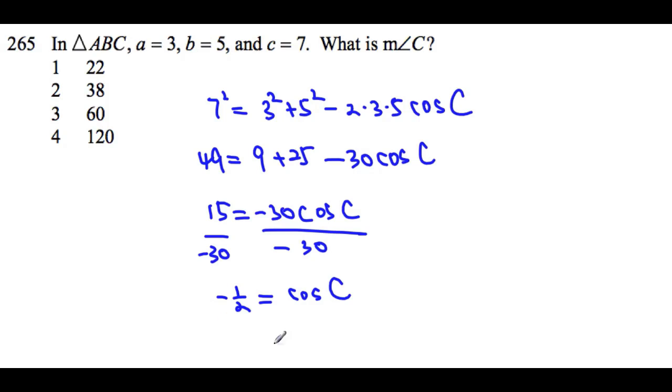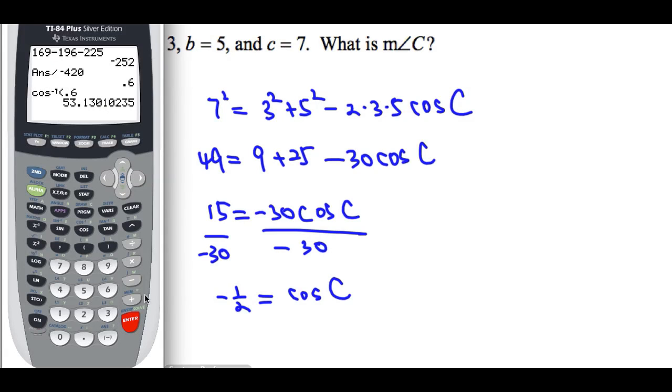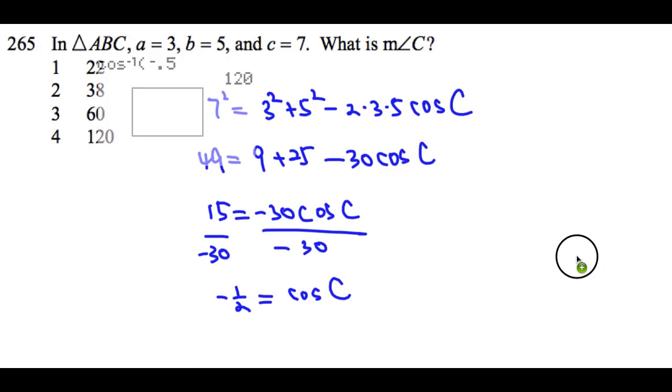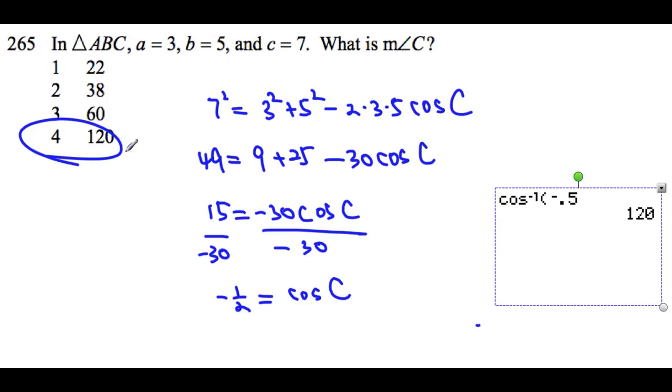Now, you can use the calculator, or you will realize that cosine is negative in the second quadrant with the reference angle of 60, because that's how it gets 1/2. So therefore the answer will be 120, or you could actually put this one into a calculator, as you can see. Inverse cosine of negative 0.5 gets us 120. Either way, choice 4 would be our answer.